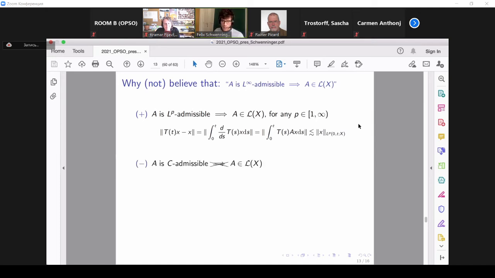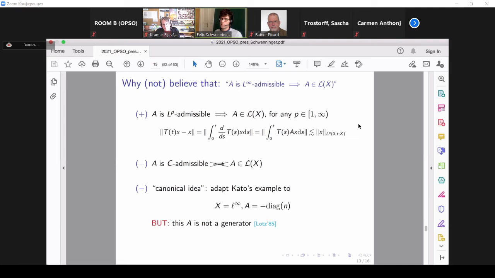Anyway, a minus, or a con, why not to believe this, is the fact that C admissibility, as we know, does not imply that A is a bounded operator. And knowing this, a canonical idea would be to adapt Cato's example to the case where X is little l infinity, choosing the same canonical operator A. Of course, everybody doing semigroups knows that this does not work, because A is not a generator of a strongly continuous semigroup.